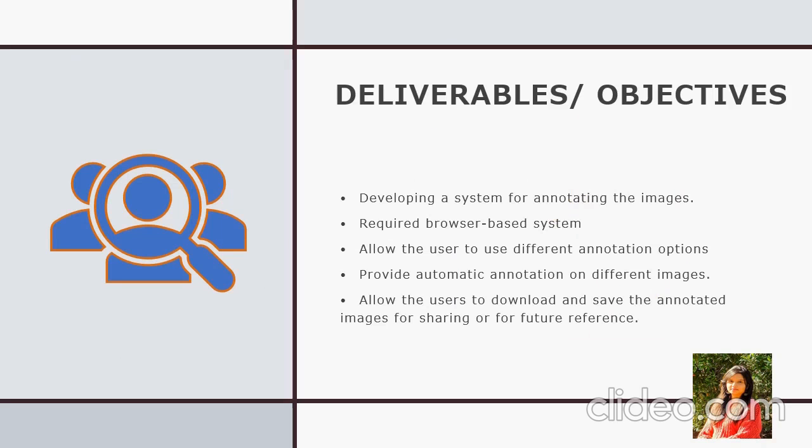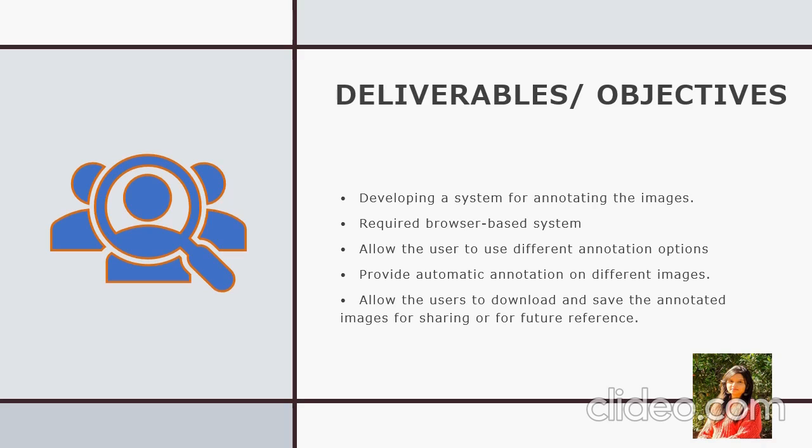And then to our project objectives or deliverables. The aim of the project is developing a system for annotating images in a very easy and user-friendly manner. It requires a browser-based system so that the users are not required to download or install any specific software to use it.